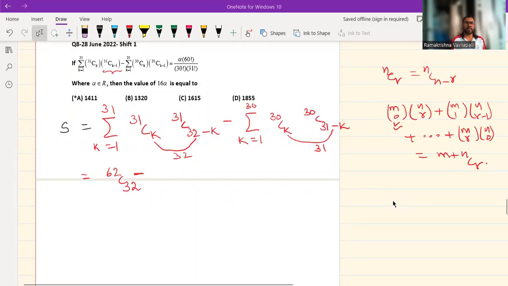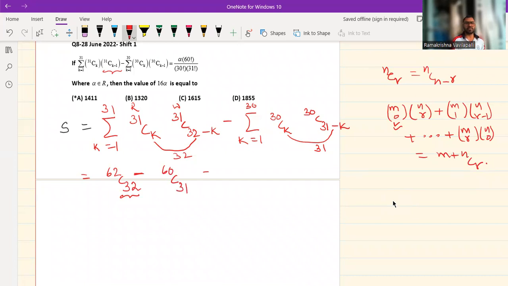Here we cannot select 32 balls from either red balls or white balls, so that is not at all possible. So this sum reduces to 62C32 minus, same as here, 60C31.